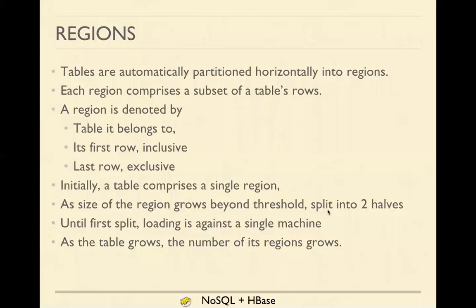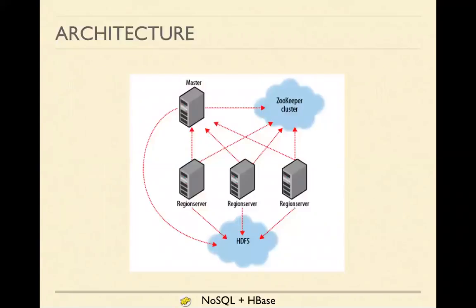So this is another way of looking at the architecture: there are region servers, and region servers are basically keeping the actual sections of the table. A table is stored partly here, partly here, partly here, and the master is just keeping track of which range is on which machine. That's all.